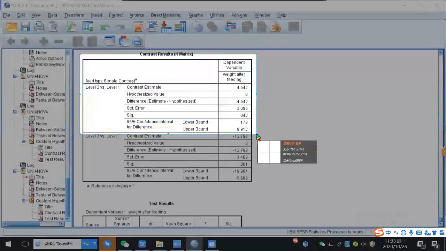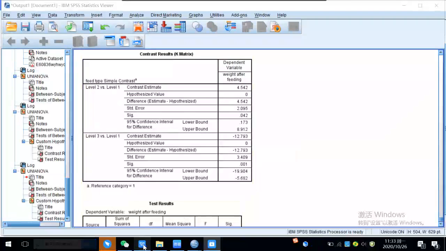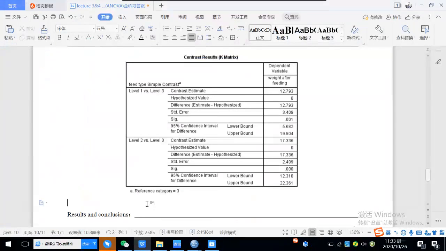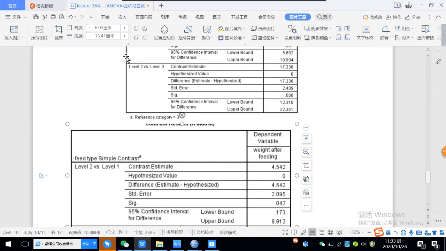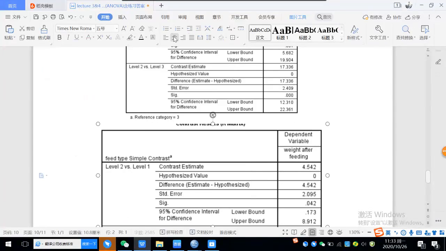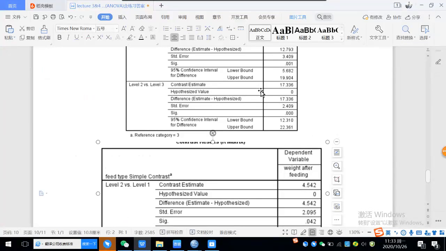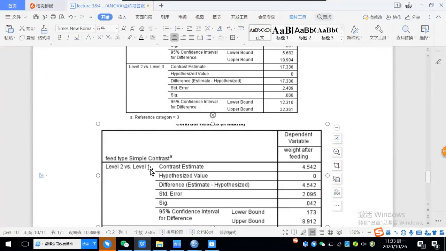Copy the level 1 to level 2 to here. See level 1, level 2. Here is level 2 to level 1.